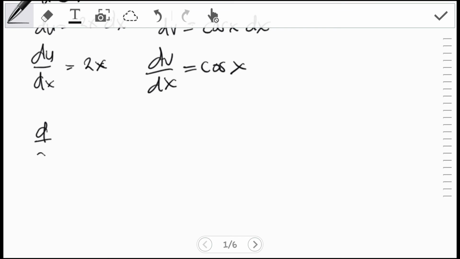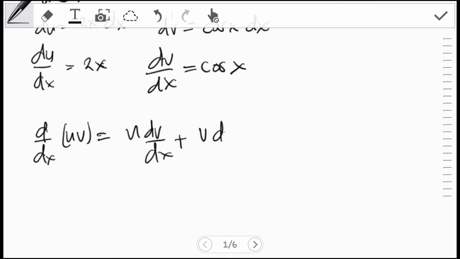d over dx of uv equals u dv over dx plus v du over dx.